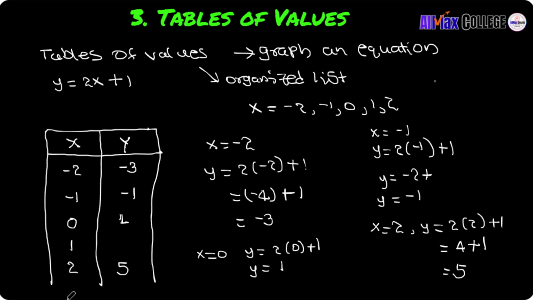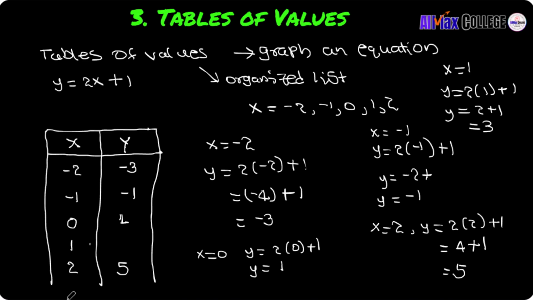When x equals 1, y equals 2 times 1 plus 1. 2 times 1 is 2, plus 1, y equals 3.